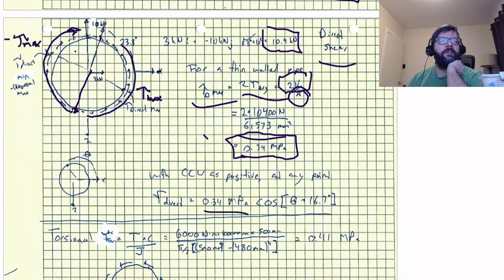So how we do that is a trigonometric relationship. We have 0.34 as our amplitude, and then just cosine of theta plus 16.7 degrees. So at negative 16.7, the argument ends up being 0, so the cosine ends up being 1.